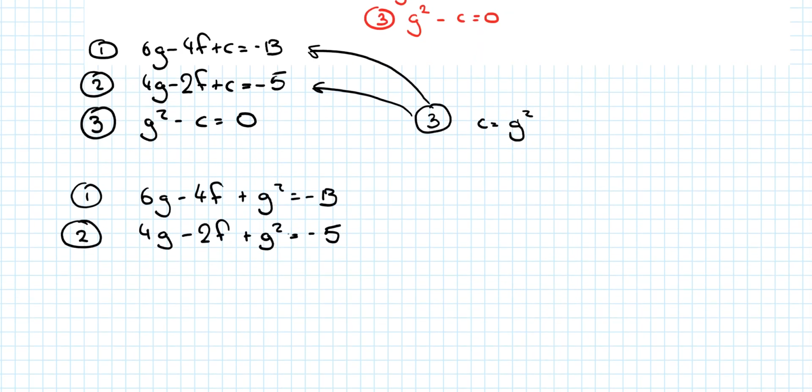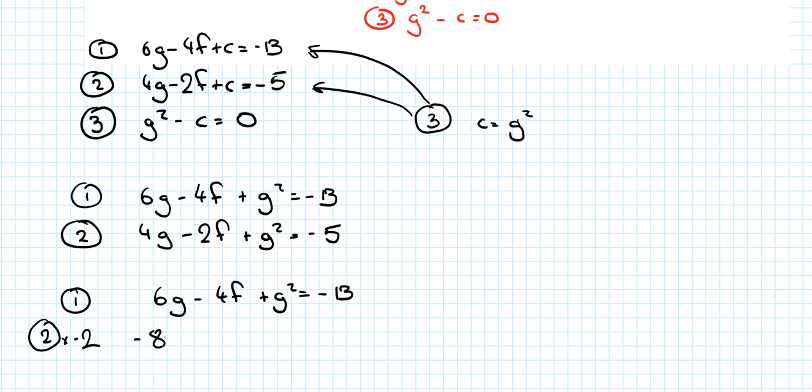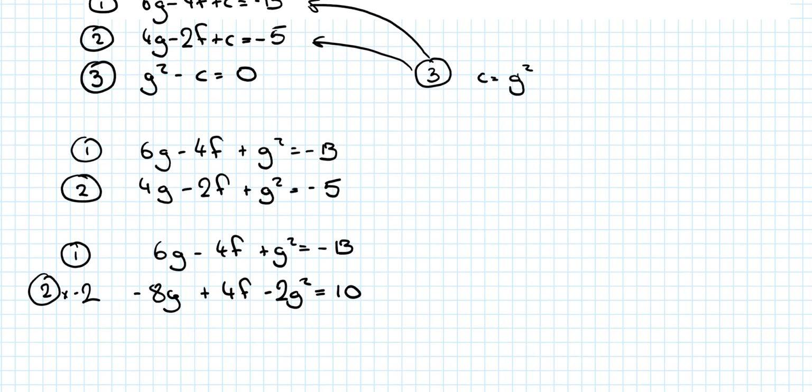Let's try and get rid of the f's because I have a g and a g squared, which would be nice to deal with. So equation 1 I'm going to leave alone, and equation 2 I'm going to multiply by minus 2. 6g minus 4f plus g squared is equal to minus 13, minus 8g plus 4f minus 2g squared is equal to 10.